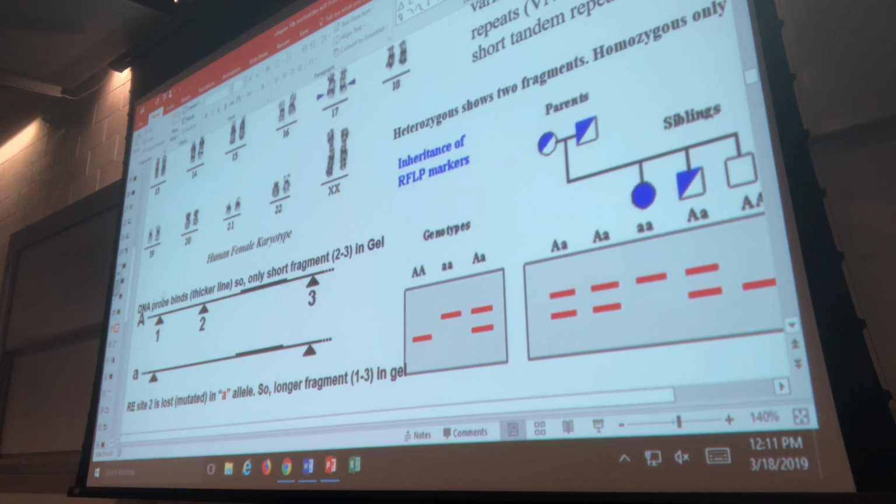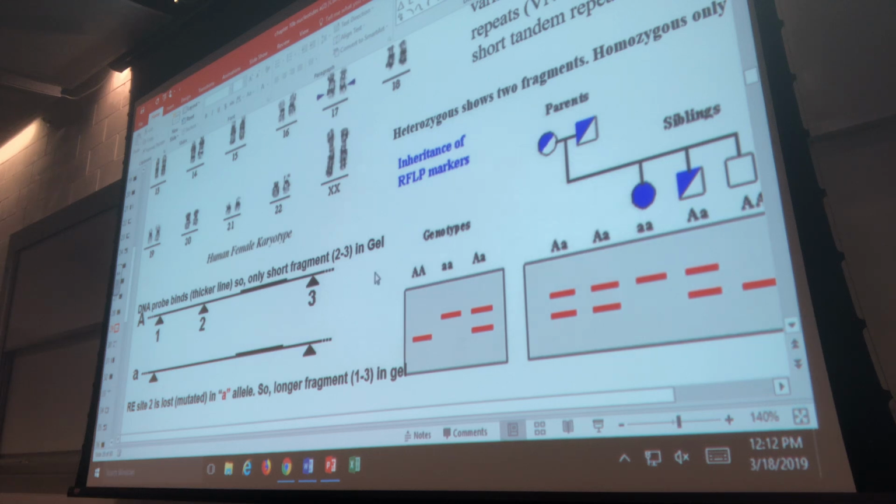So if we use restriction enzymes on the capital A genotype here, it's going to cut at the 3 labeled positions, 1, 2, and 3. It's going to cut DNA at the 3 labeled positions. If we use that exact same restriction enzyme on the lowercase a genotype here, it's only going to cut at 2 places instead.